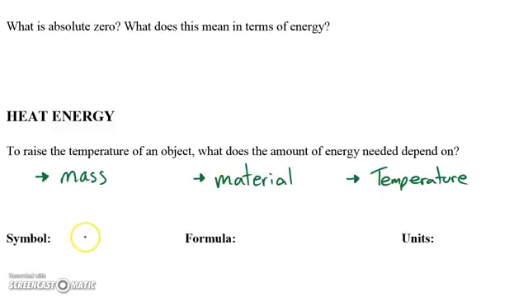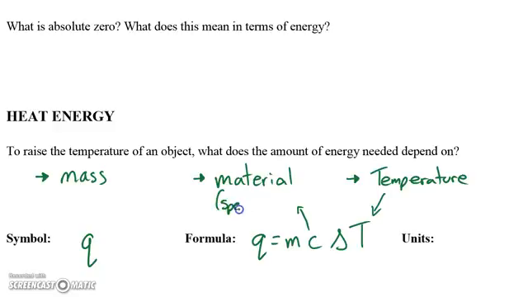So we give heat energy the symbol Q, lowercase q, with the formula Q equals m, for mass, C times delta T, where T in this case is temperature. So we have temperature. We have C, the material, which is actually called the specific heat capacity, and that's unique to any material, and that's just information you can get from a table of known values.